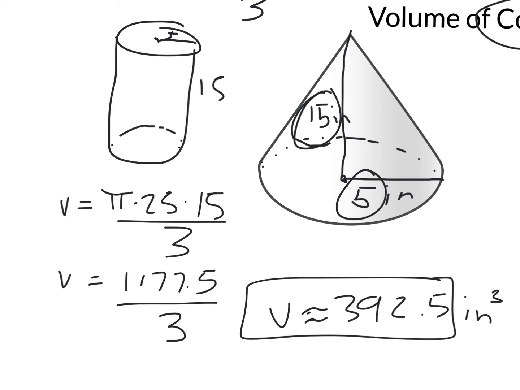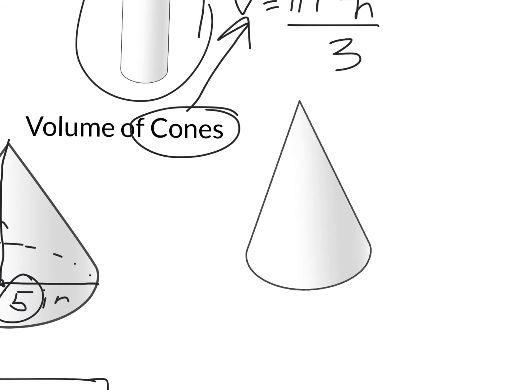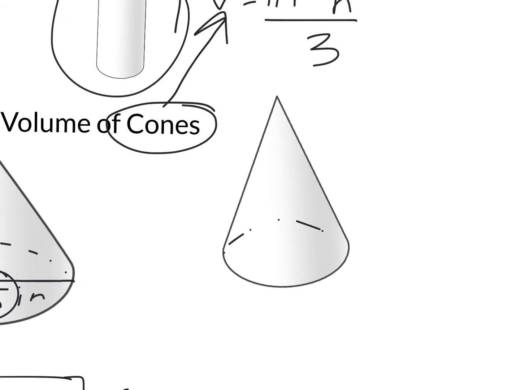Let's try doing another one here, but in this one, let me draw my little dotted line here. Here's the center. On this one, we have a height, but we don't have a radius. So let's say that our height is 12 centimeters, and let's say that our radius is r.